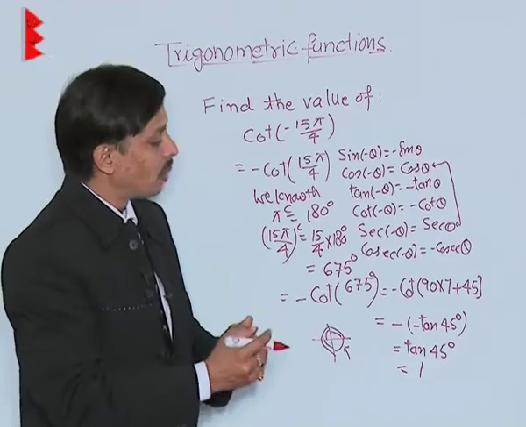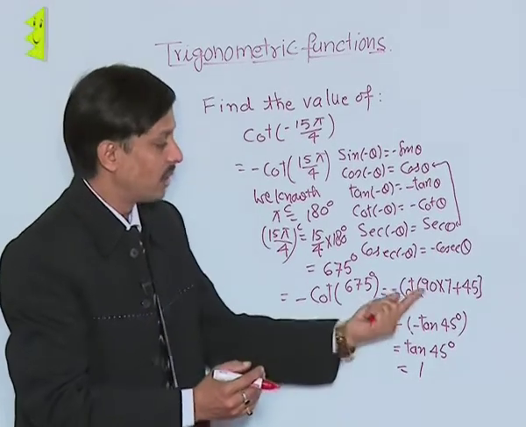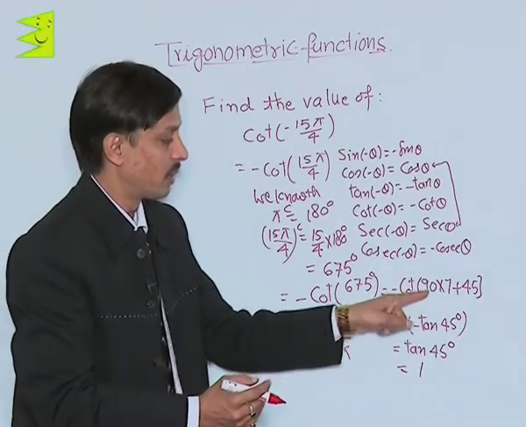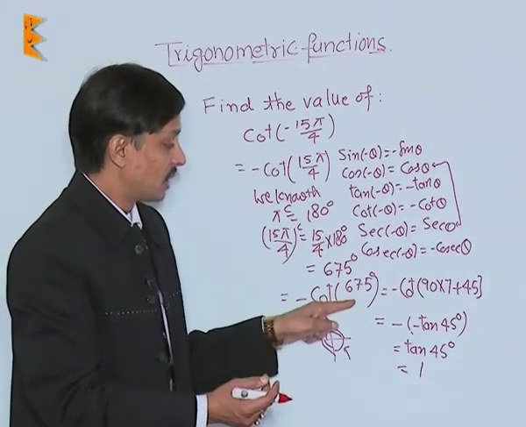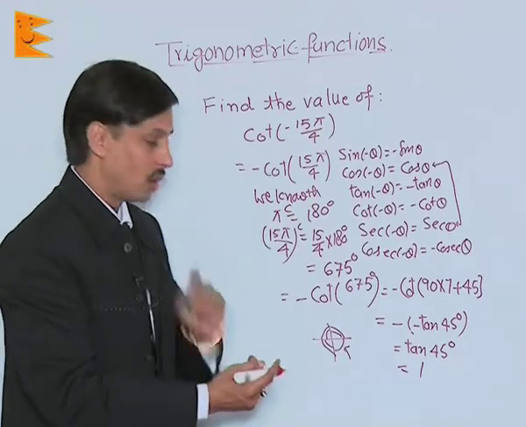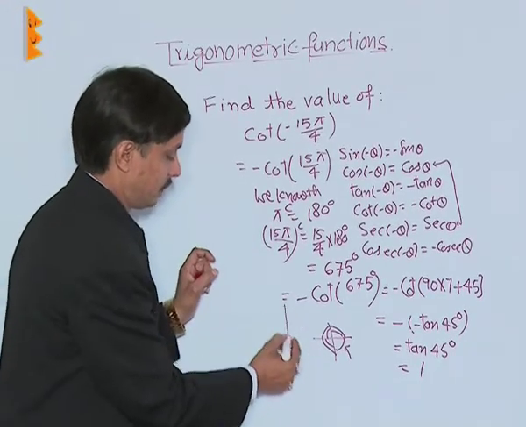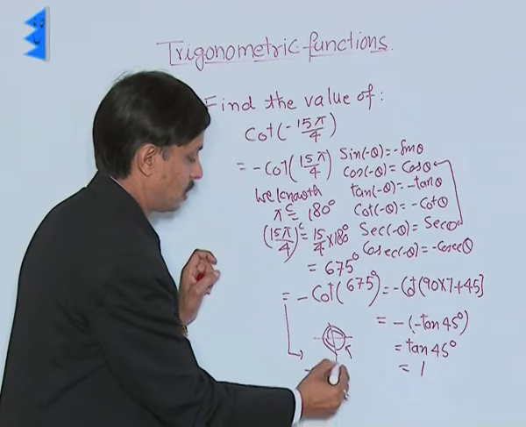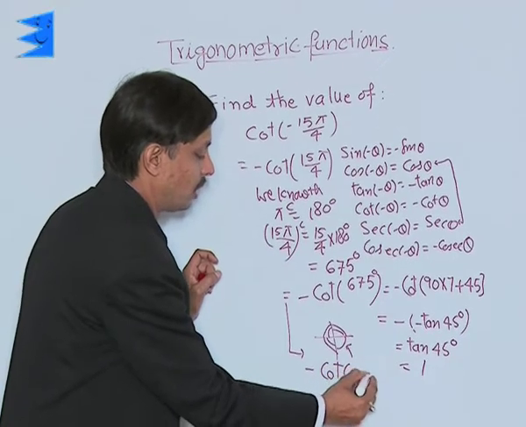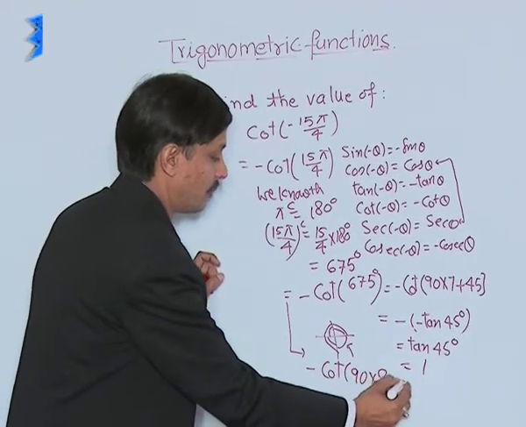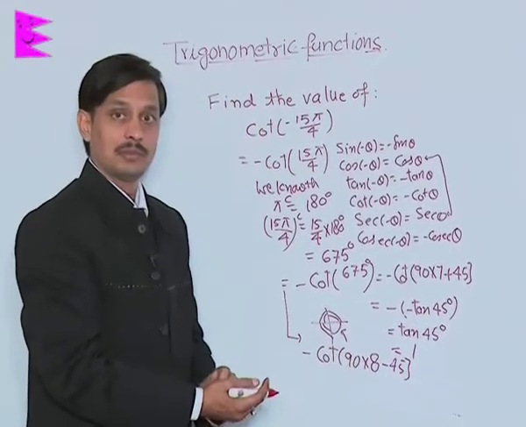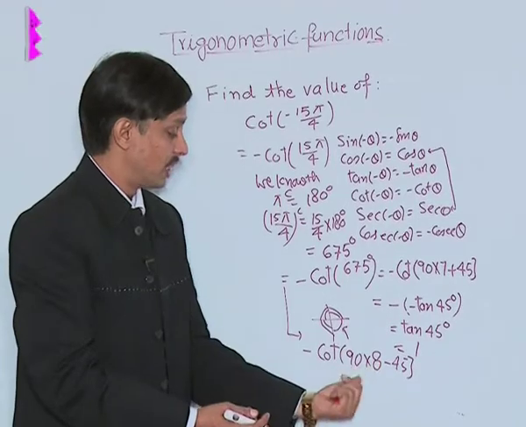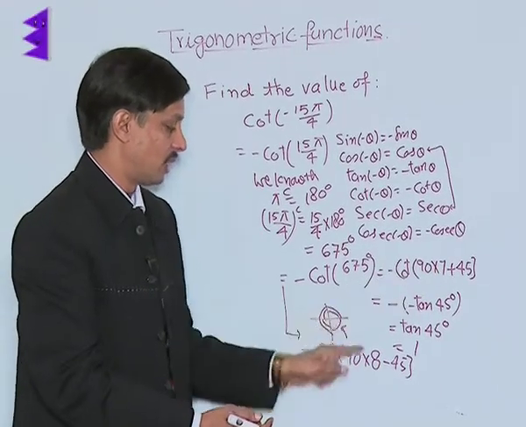But one more way: someone can say, in place of writing it as 90 into 7 plus 45, 675 can also be written as minus cot of 90 into 8 minus 45. There is no harm; no one can challenge why you have written 7 and 8.